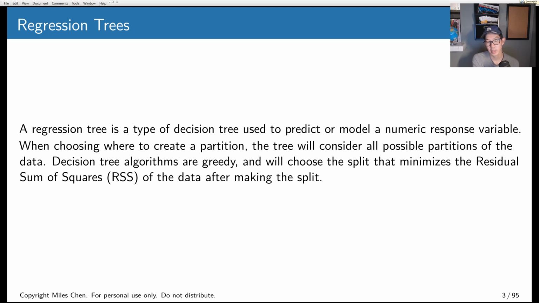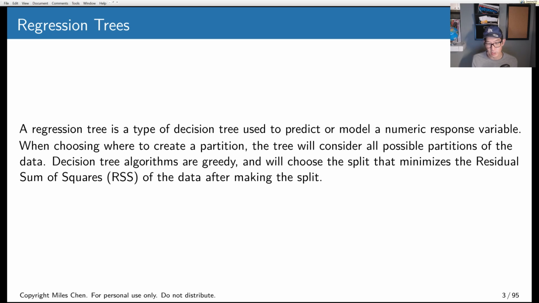Regression trees and classification trees work very similarly, except that the prediction at the end is numeric. The way we decide how to create these partitions is that the tree considers all of the possible partitions of the data.